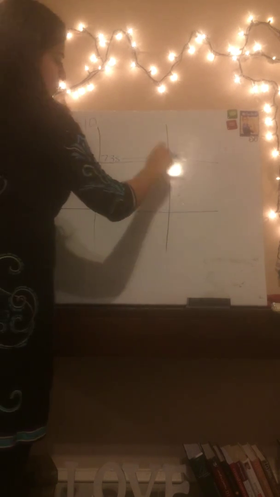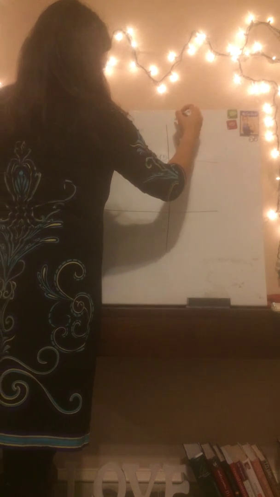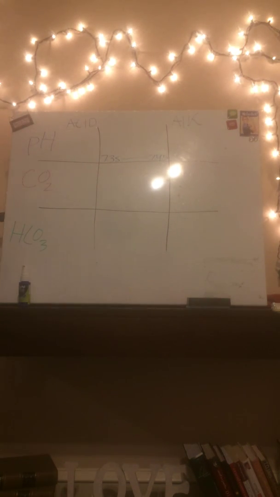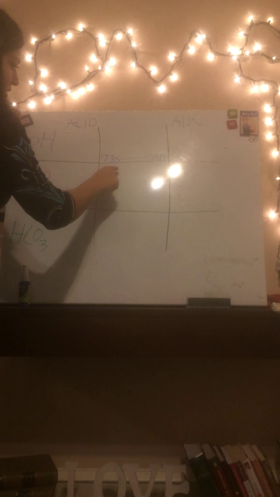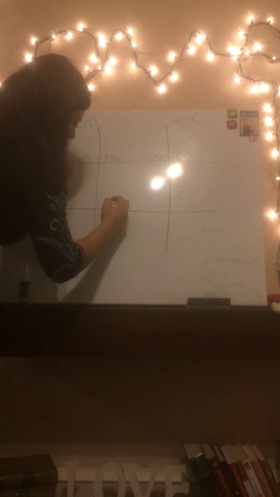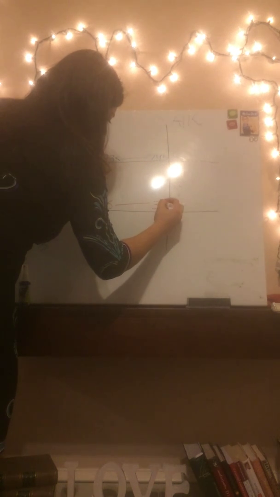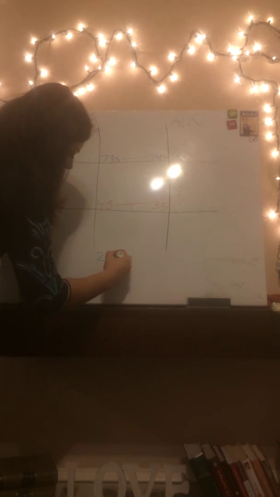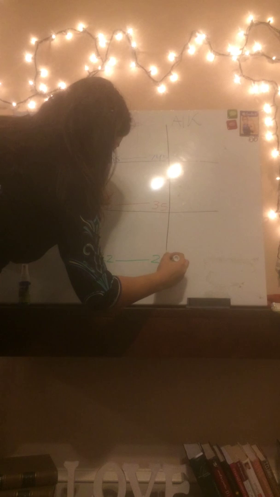And then 7.45, greater than that is alkaline. Alkalosis. Okay, so our CO2 level, we know it's 35 to 45, but we're going to swap it to make it easier. So it's actually going to be 45 to 35. And then our bicarb level is 22 to 26.